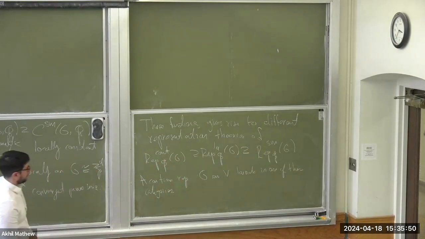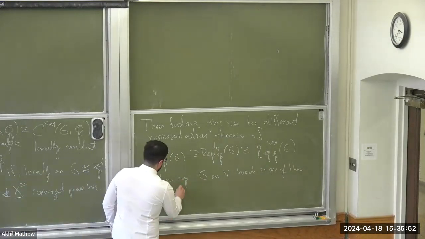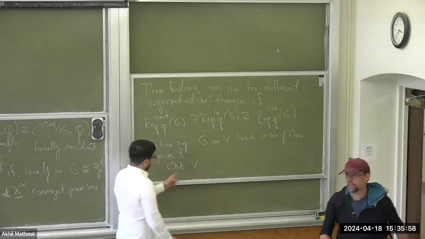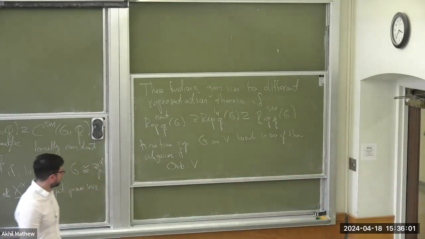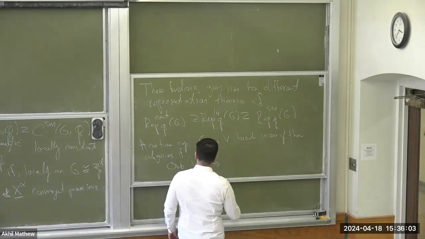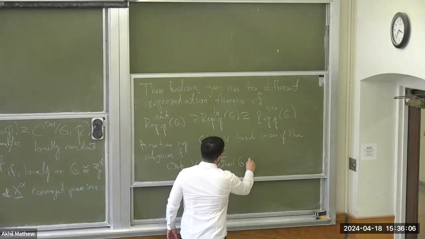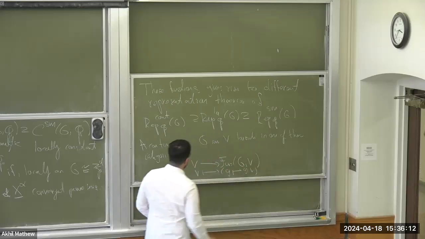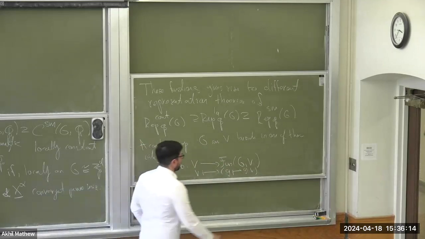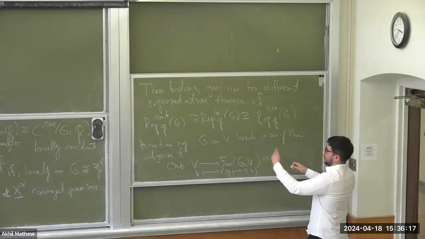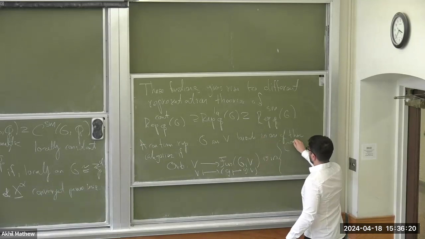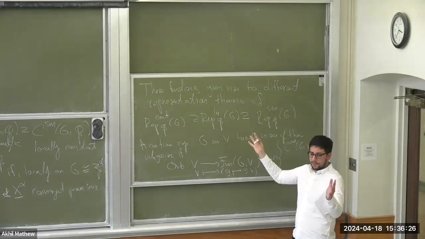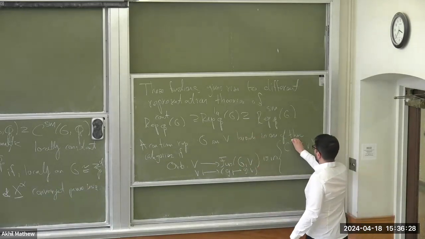Starting with the orbit map, each vector gives a function from G to V. Inside the representation space, they are continuous functions. Because I say that everything is continuous, it's kind of automatic.